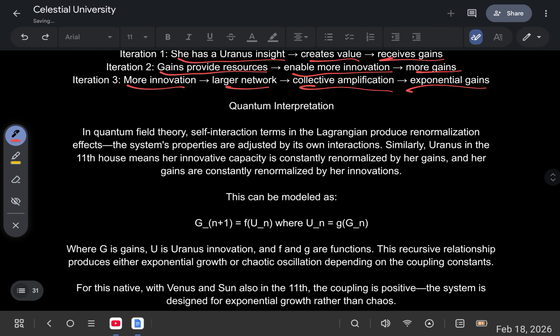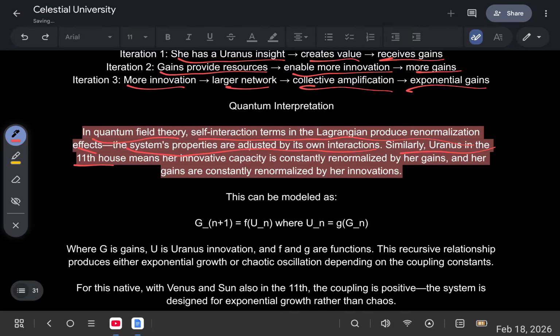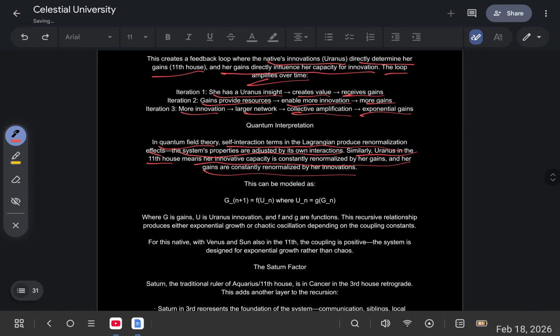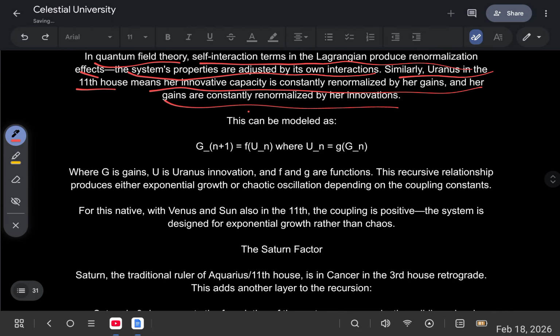In quantum field theory, self-interaction terms in the Lagrangian produce renormalization effects. The system's properties are adjusted by its own interactions. Similarly, Uranus in the 11th house means her innovative capacity is constantly renormalized by her gains, and her gains are constantly renormalized by her innovations. We model it as the following.